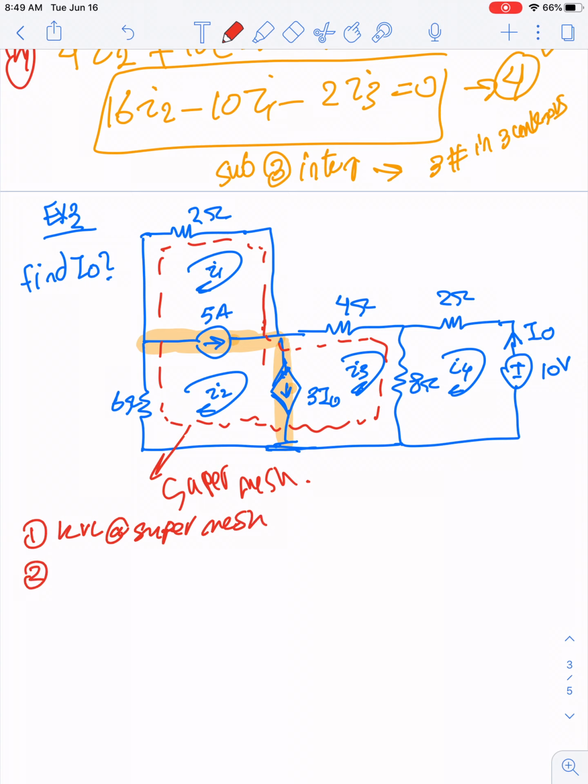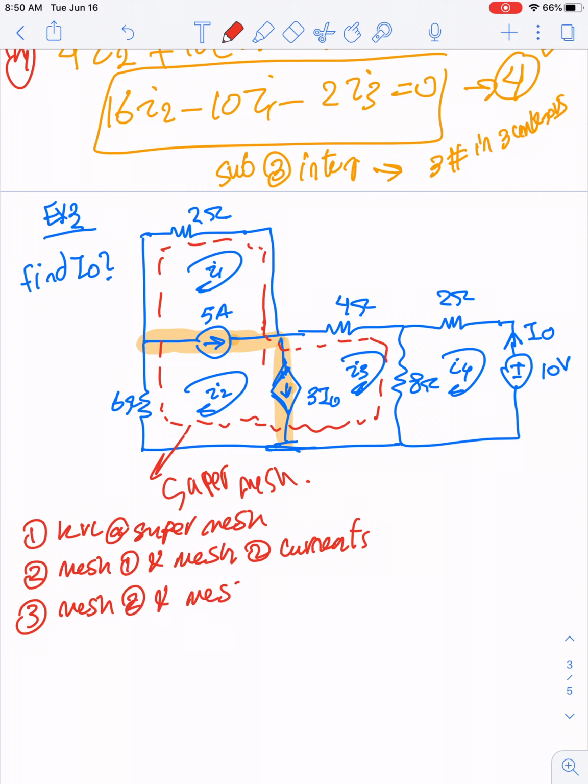The second equation is by relating mesh 1 and mesh 2 currents, and the third equation is to relate mesh 2 and mesh 3 currents. And it's really important to write it down like this in order to not get lost in the exam, because eventually you will have so many unknowns.